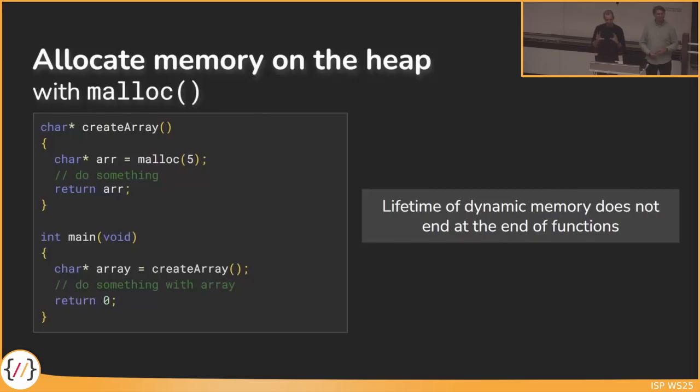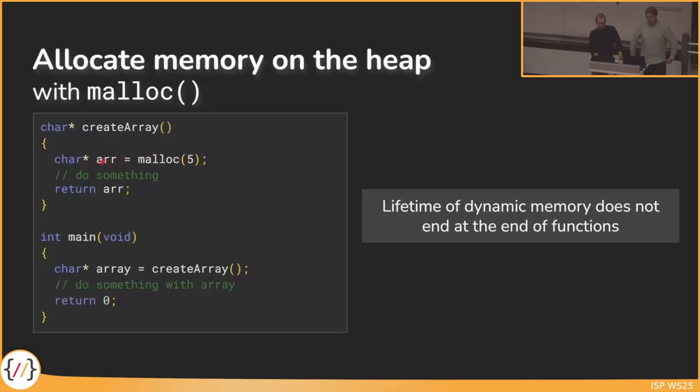The keyword for allocating memory is, I think, very intuitive: memory allocation, or malloc. Let's try to use malloc to solve our problem from before. We have again our create array function, but now we are calling malloc with 5, which gives us 5 bytes on the heap.